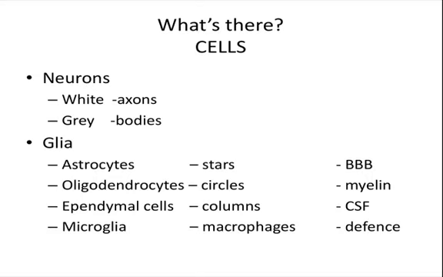And then we have oligodendrocytes. These are little circles, small and round, and their role is to make and also to maintain the myelin we spoke about earlier along the axons. And then we have ependymal cells. These are columnar. They're responsible for producing the CSF in the brain, and they line the ventricles.